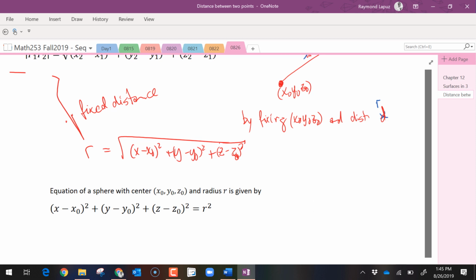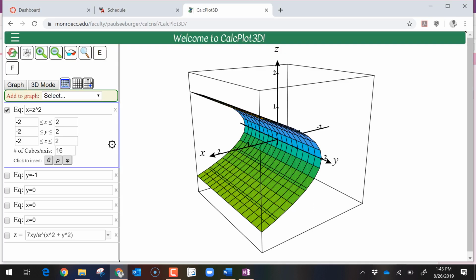Okay, and just as an example, since we do have that cool graphing program, let's figure out what this is going to look like. So let's do a center point of 1, 1, 1.